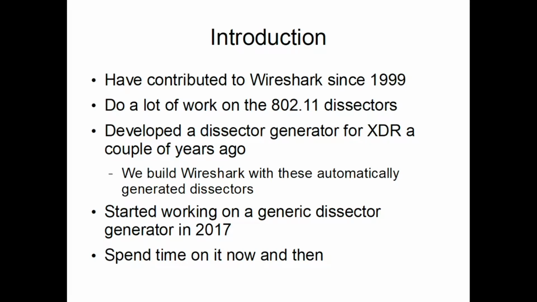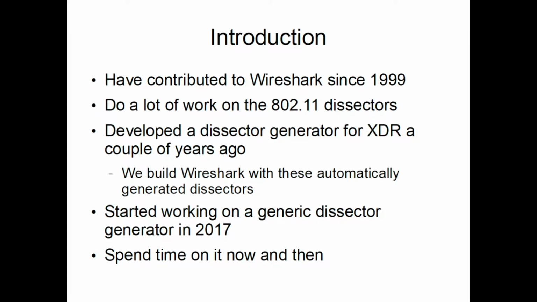Given that there was already that infrastructure there for generating client and server stubs, it seemed like it was going to be relatively easy to do the same thing but generate a Wireshark dissector. Now, it turned out not to be relatively easy.